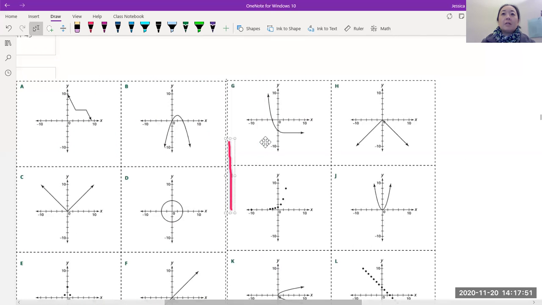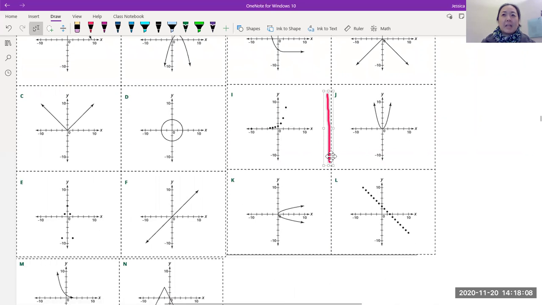And it looks like right here, G, do we have a function? Yep, G is a function. H is a function. I is a function, any given point. Yep, I is a function. J is a function. This is actually called a parabola. You guys will talk about that in algebra 2. My algebra 2 kids are talking about that right now.